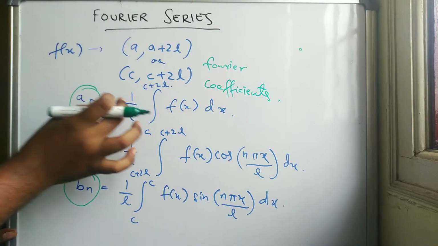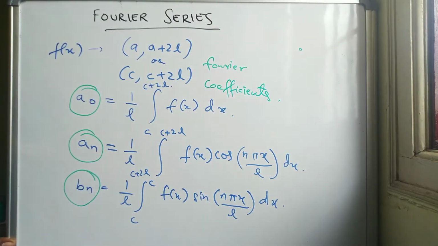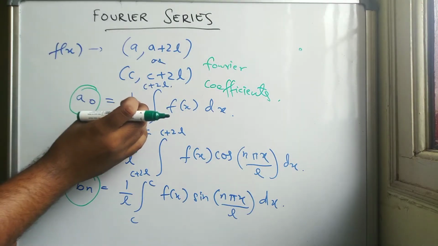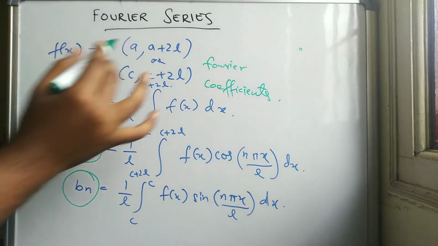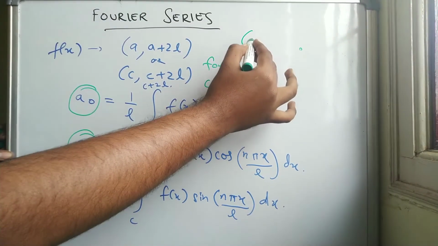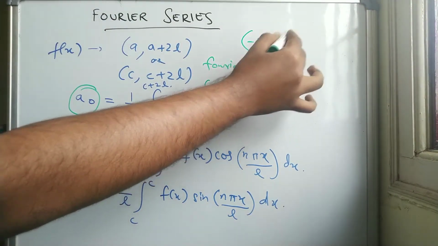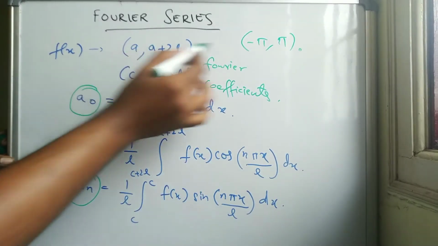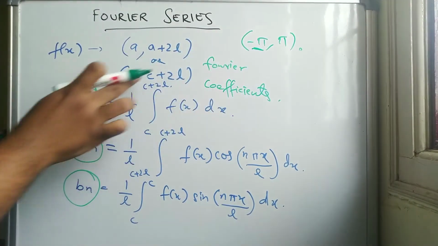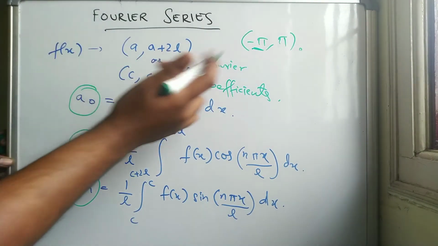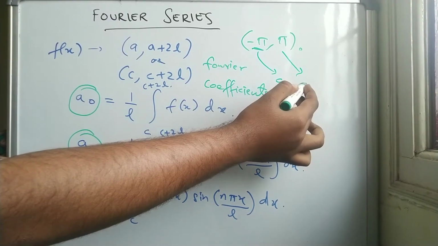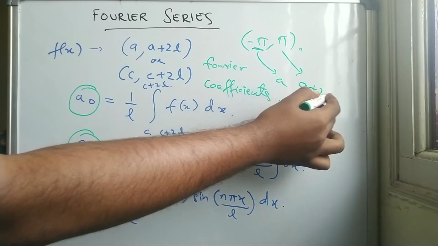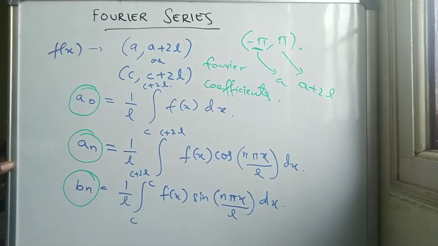Now L is nothing but the interval, we can say. If we consider the interval minus pi to pi, compare this with c to c plus 2l: minus pi is a, and pi is a plus 2l, or we can consider c and c plus 2l.